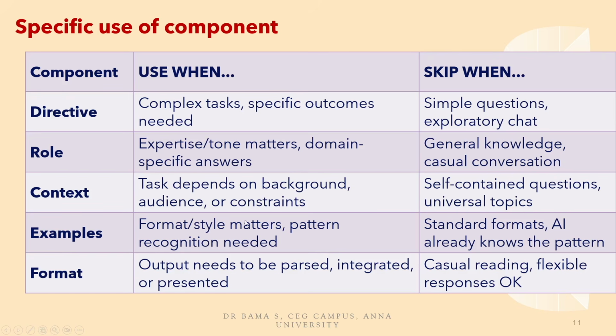Examples, where format or style matters or pattern recognition is required, just like how we did for sentiment analysis. We can skip it when there is a standard format and AI already knows the pattern. For format we can use it when the output needs to be parsed, integrated or presented. We can skip it when it requires casual reading, where flexible responses are okay with our understanding. In those cases, format specifically is not needed.